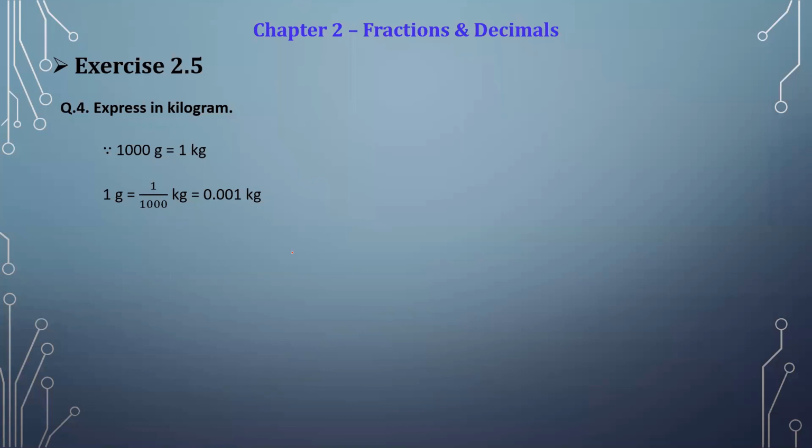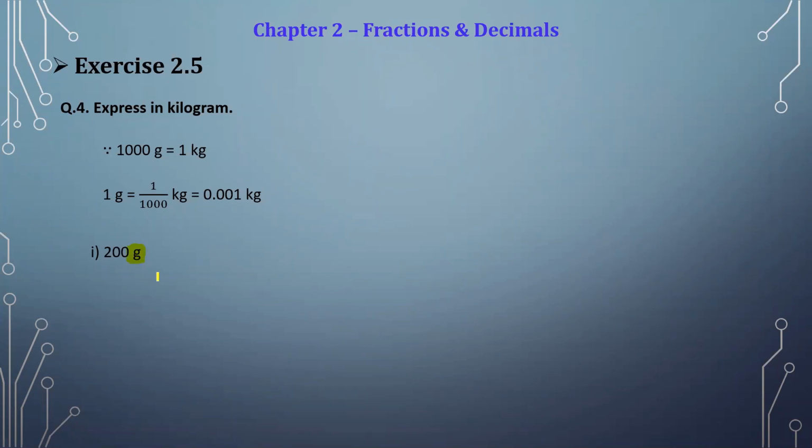Now by using this relation, we are going to solve the first example, which is conversion. That means we have to convert this 200 gram into kilogram. Obviously it is in gram and we have to convert it into kilogram. So instead of gram, we have to replace it by kilogram.